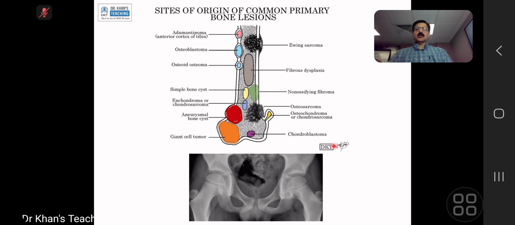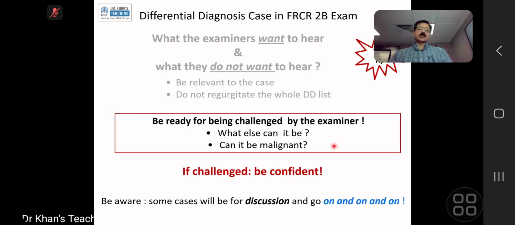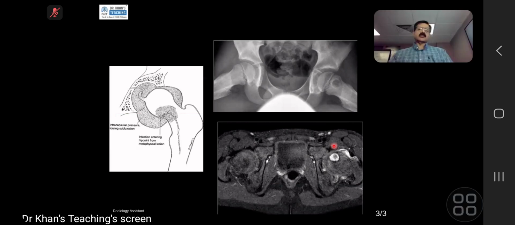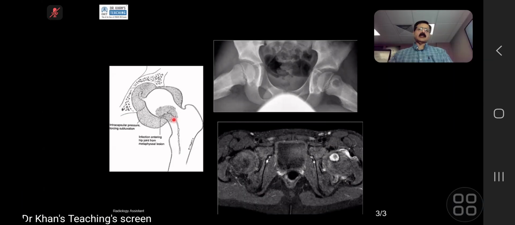Look at this picture, and this is what happens. This is hematogenous osteomyelitis. With that, there is fusion, and radiologically speaking, you can see what I pointed out on the previous share.